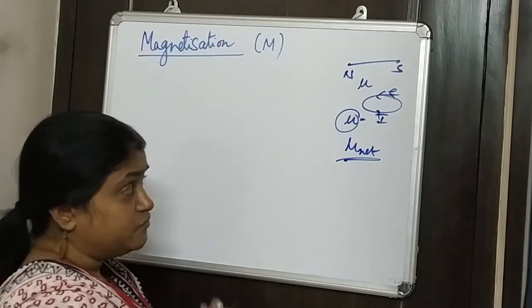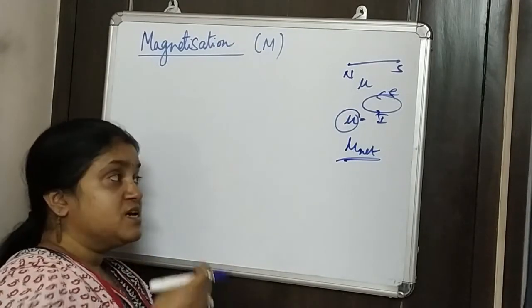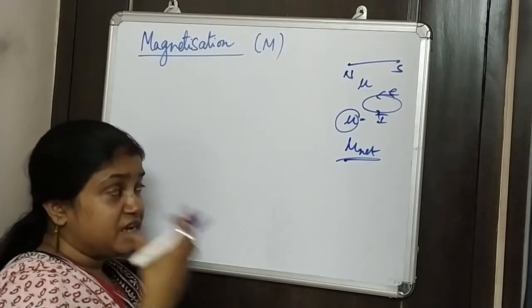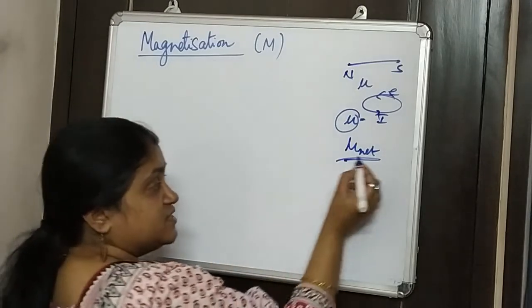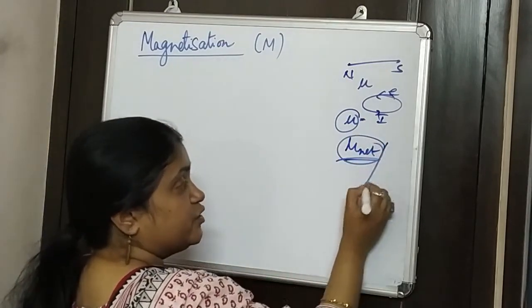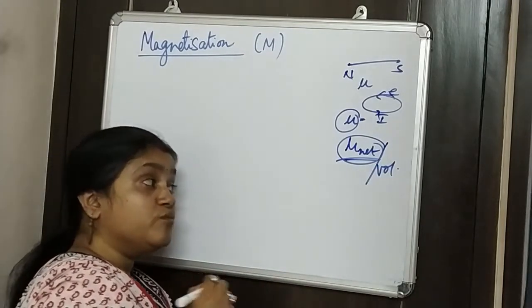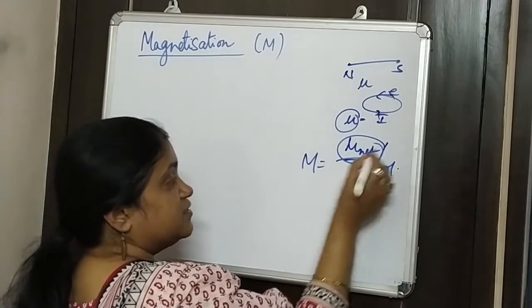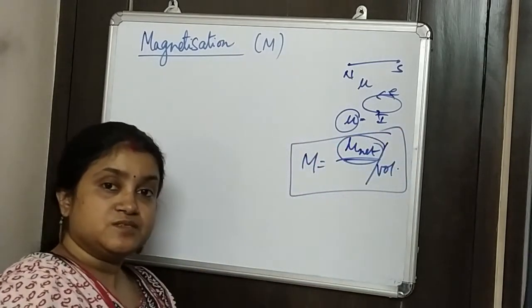Now for a particular substance, each of the small atoms contributes, and the substance has a net magnetic moment. This net magnetic moment per unit volume of the substance is what is called the magnetization of this particular substance.